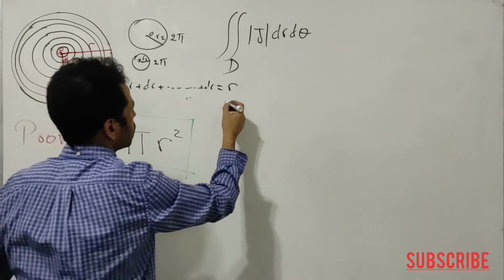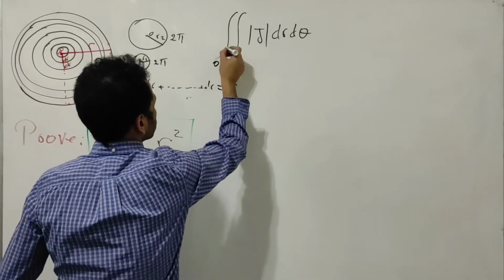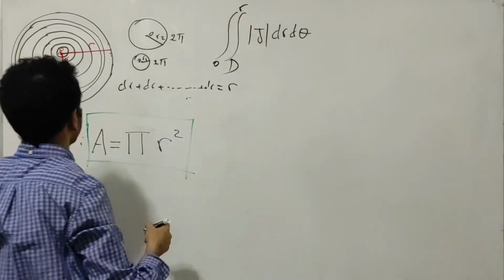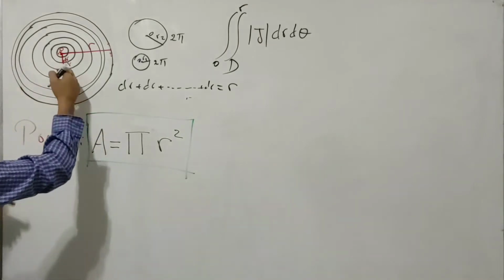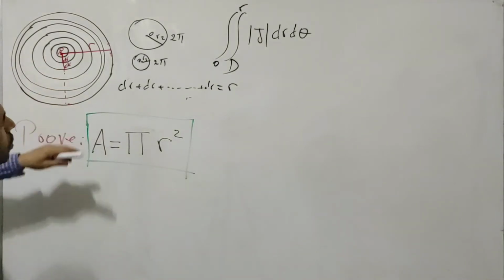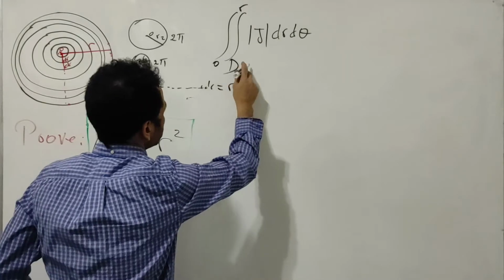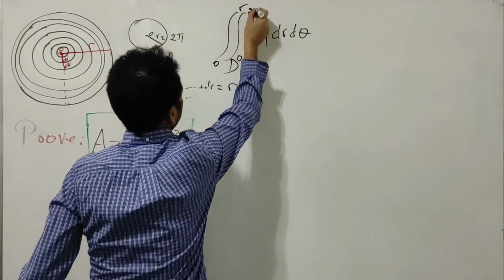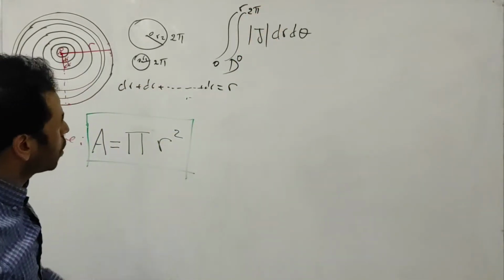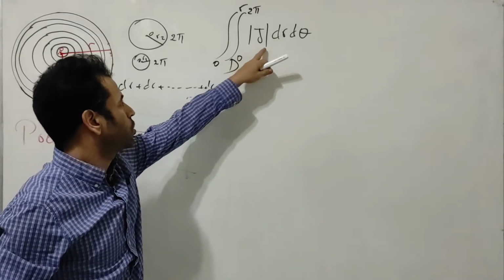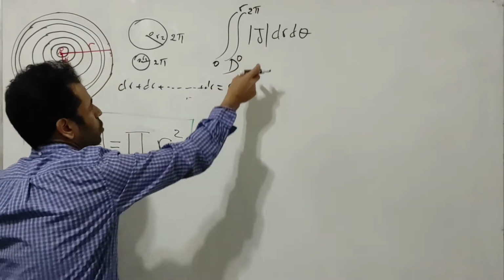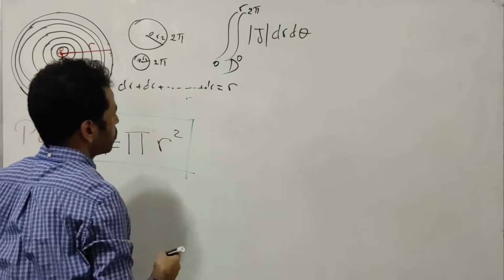For the bounds, r goes from 0 to r, because to make the complete circle, r goes from 0 to r. For theta, it goes from 0 to pi. Whatever. Now in order to calculate G, I'm going to calculate the Jacobian G as a determinant.